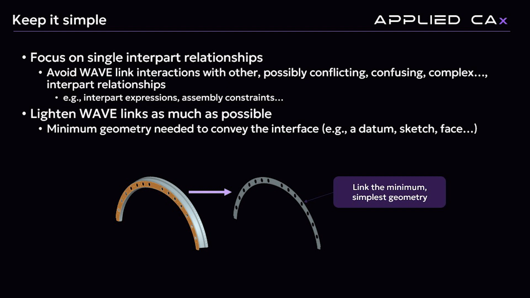So just do the face by itself, and then avoid linking interactions with other confusing, conflicting, complex interpart relationships, for example expressions or assembly constraints. You want the minimum data possible.